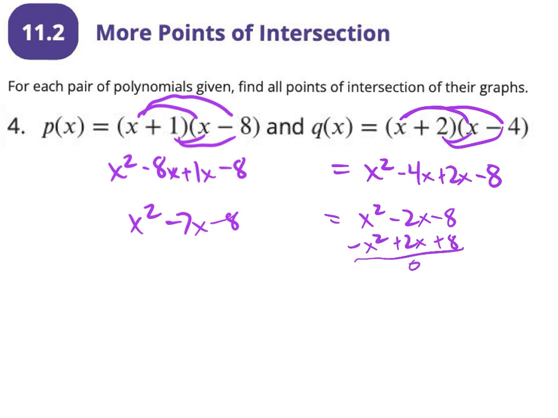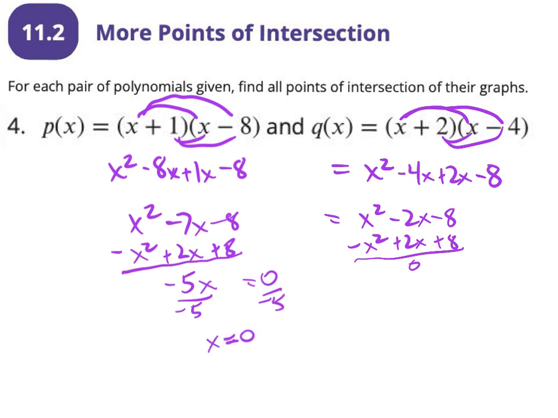I get 0 on this side, minus x squared plus 2x plus 8, giving me negative 5x equals 0. Divide by negative 5 on both sides, and x equals 0. So I only get one answer. So that must mean I have one point of intersection.